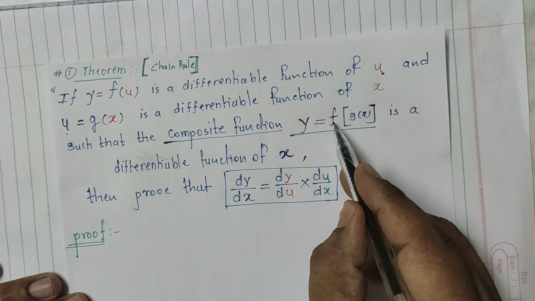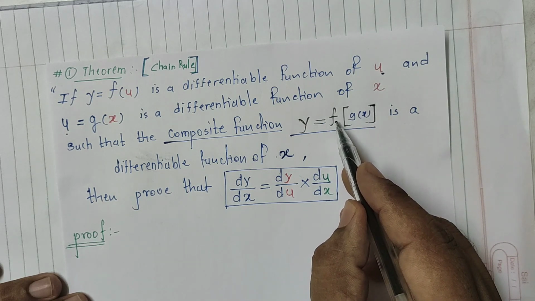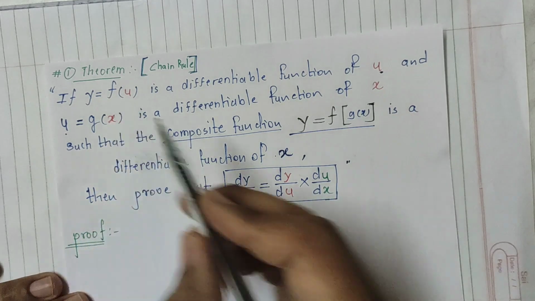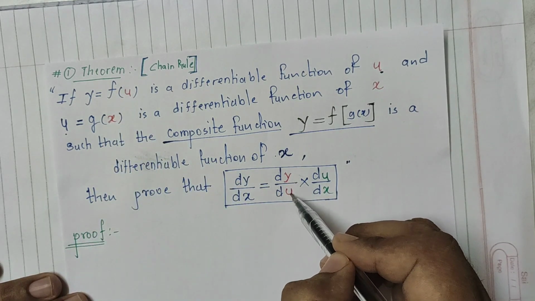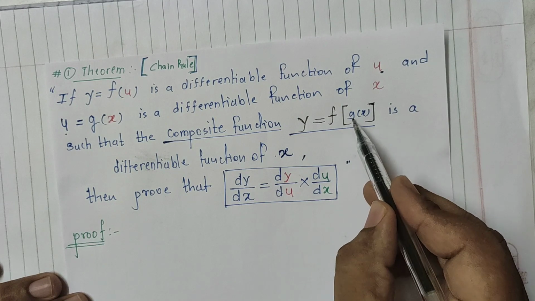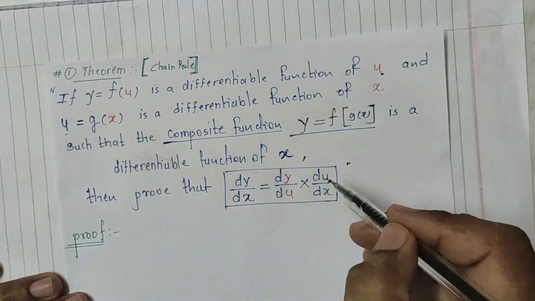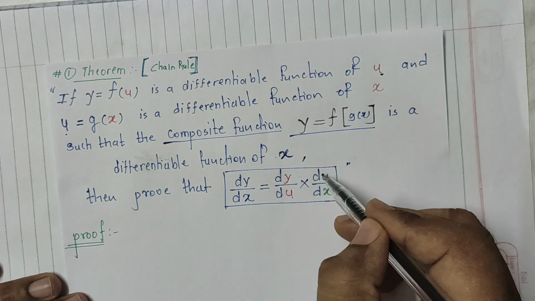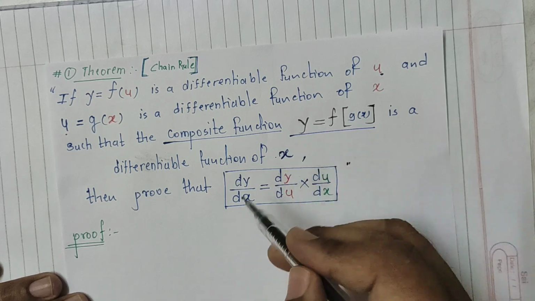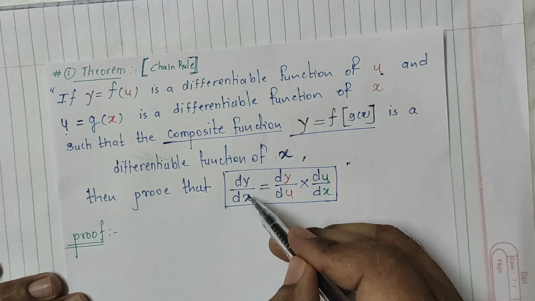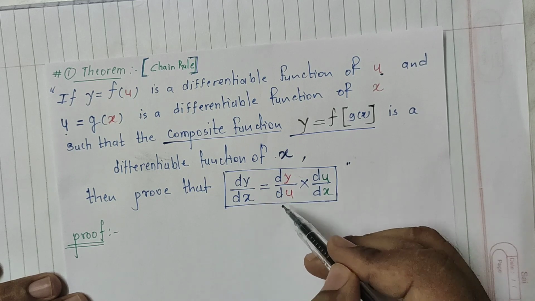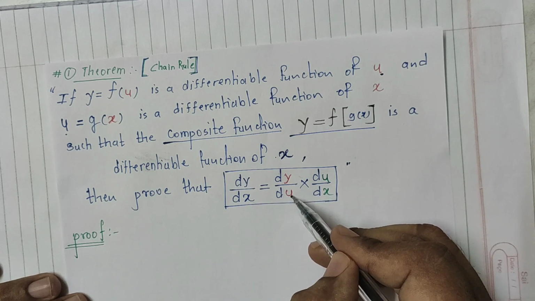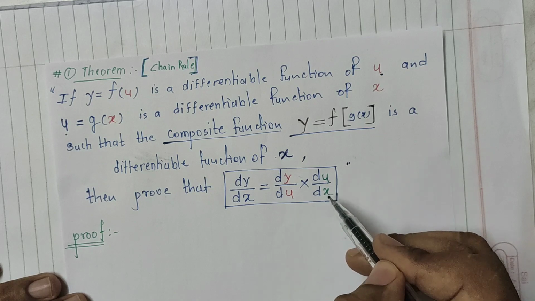First we have to differentiate f, which is in u form, so we differentiate y with respect to u. The second function is g, which is in x form, so u with respect to x. If we multiply these two derivatives, we get y with respect to x directly. That's why we first find y with respect to u into u with respect to x.